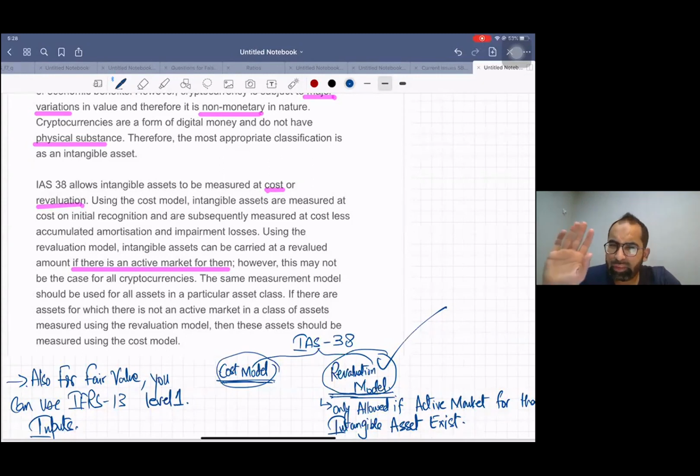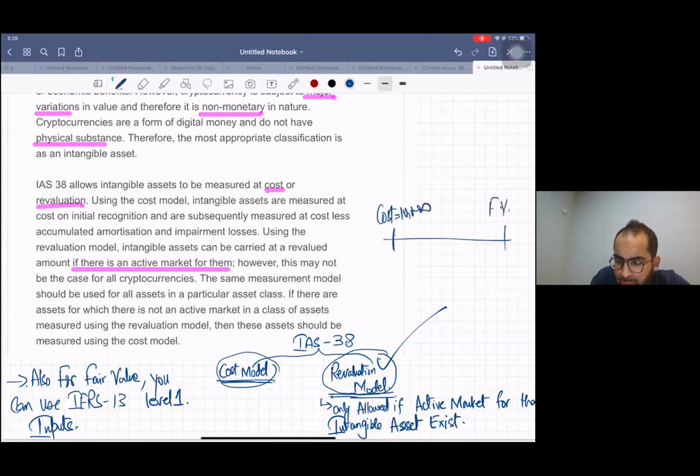Now, just for your knowledge, I'm giving you 2-3 minutes on that. Sir, if we apply the revaluation model, and for example we buy a cryptocurrency for $10,000, and its fair value went up to $12,000, what is the treatment of this upward revaluation?